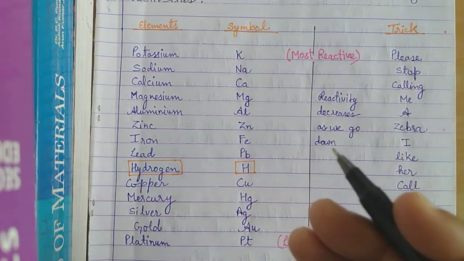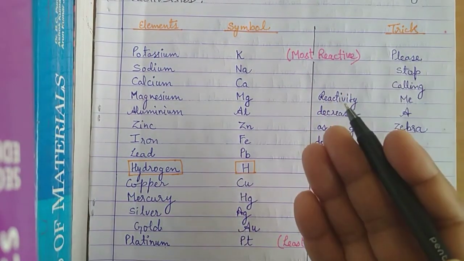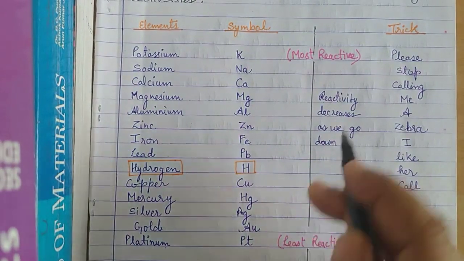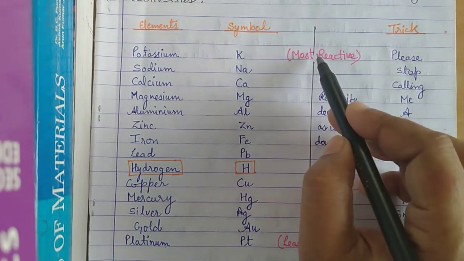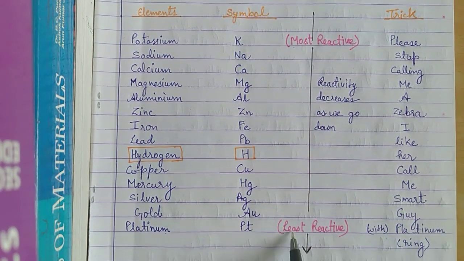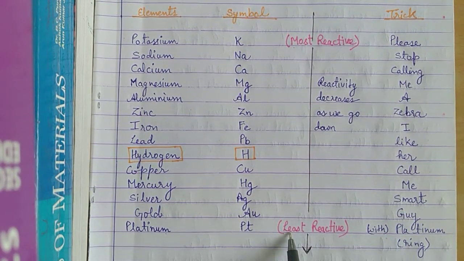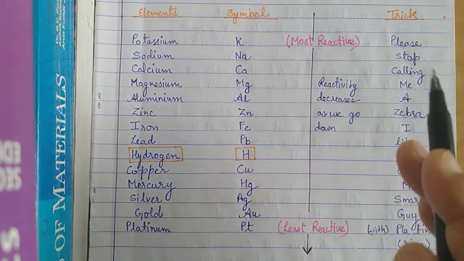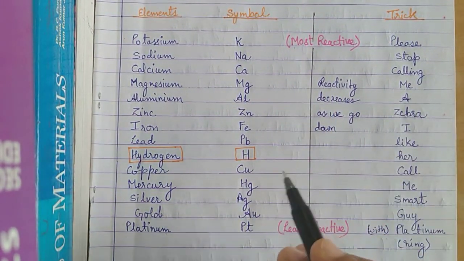Means the reactivity, the tendency of the metal to react with the other metal, it decreases as we move down. So the topmost metal is the most reactive metal, and the lowermost metal, that is platinum, is the least reactive metal. Okay, this you have to just see it very carefully. Now you can't change their places on your own.